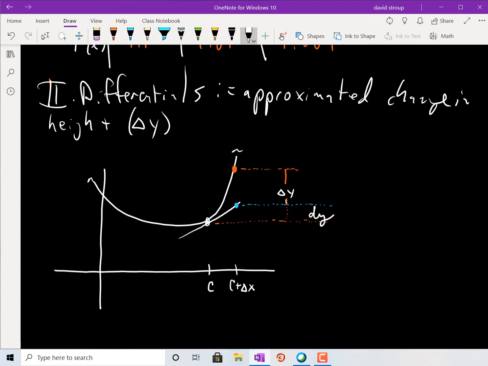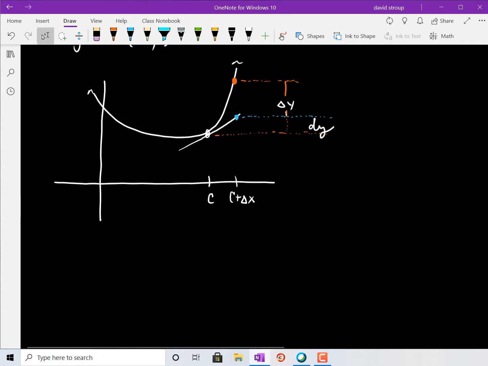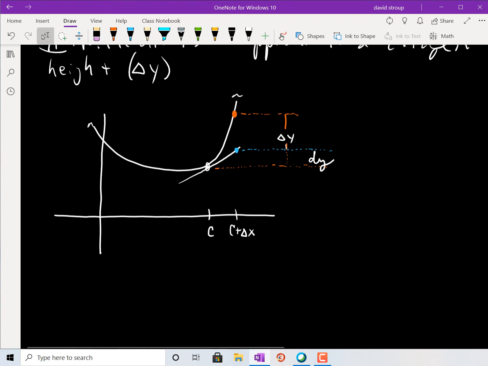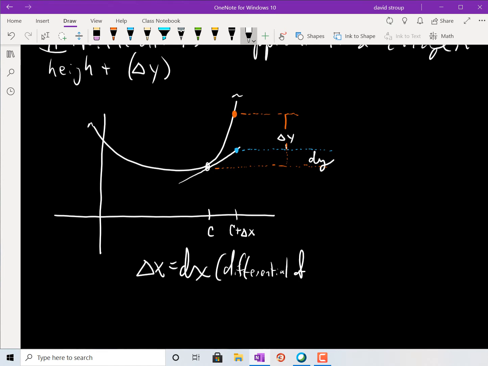So some definitions before we get too carried away. Delta x, which is also going to be the same as little dx, is the differential of x. Little dy is the differential of y, which we'll find is equal to f prime of x times dx, or delta x if you'd rather.